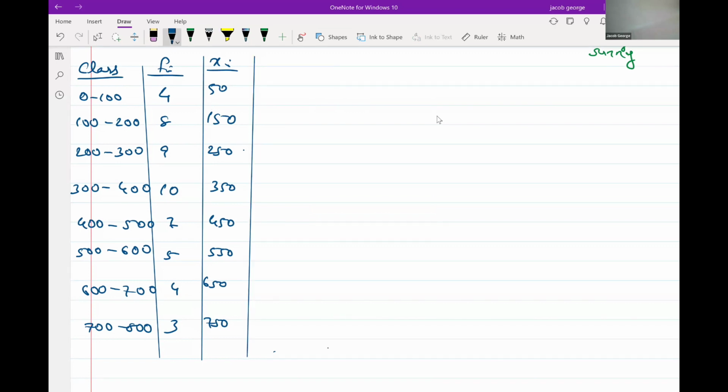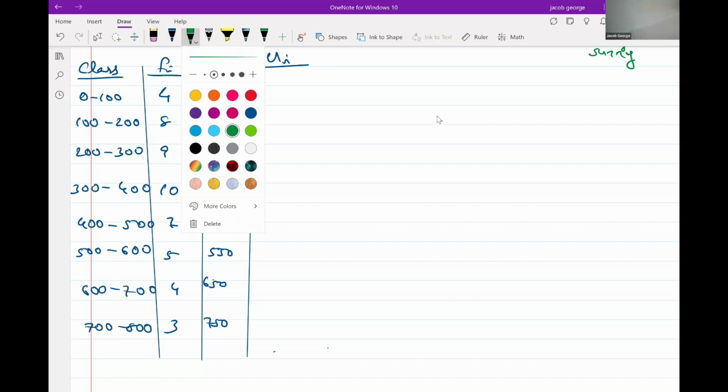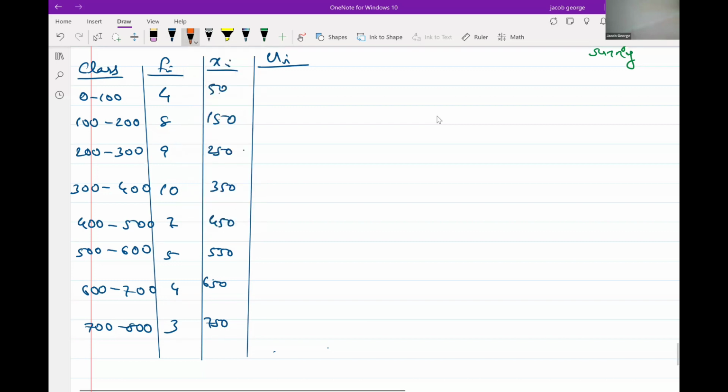Then we write ui. Before that, we choose A. 8 values are there. Two middle values, 350 and 450. Which one did you take? 350, right? There is no problem choosing one of them, but I choose the one with the highest frequency, that is 350.